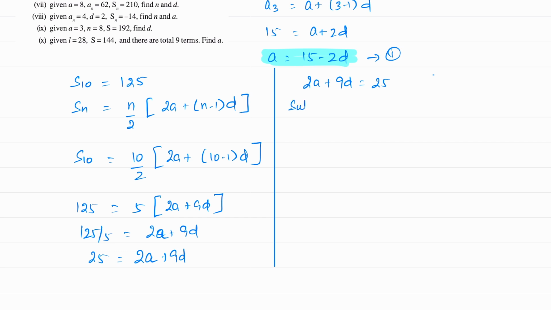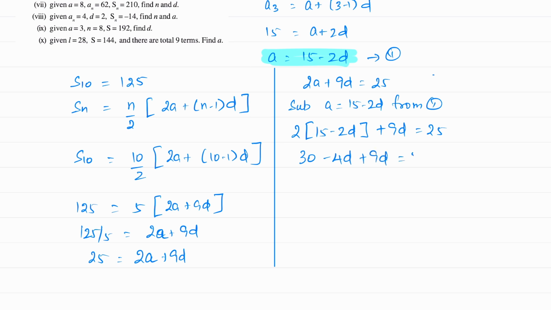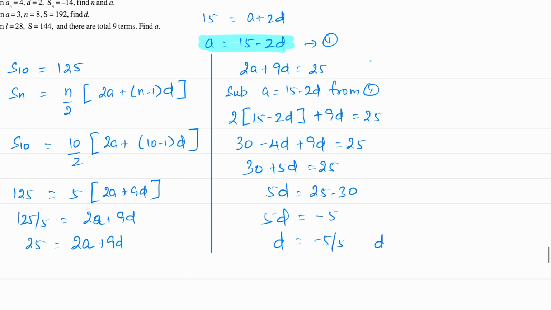We'll substitute a equals 15 minus 2d from equation 1. So 2 times 15 minus 2d plus 9d equals 25. So 30 minus 4d plus 9d equals 25. 30 plus 5d equals 25. 5d equals 25 minus 30, or 5d equals minus 5, d equals minus 5 over 5, or d equals minus 1.